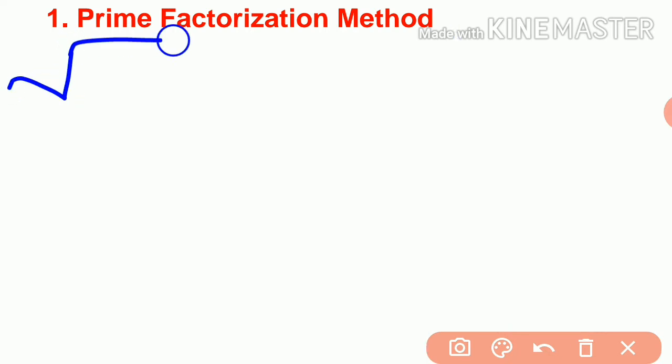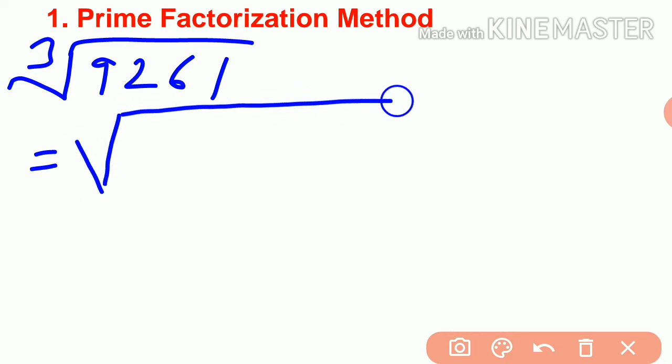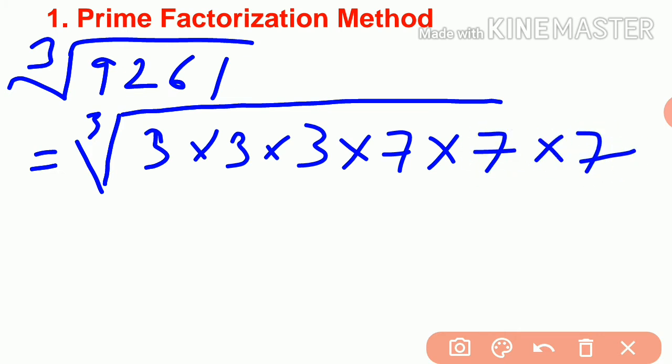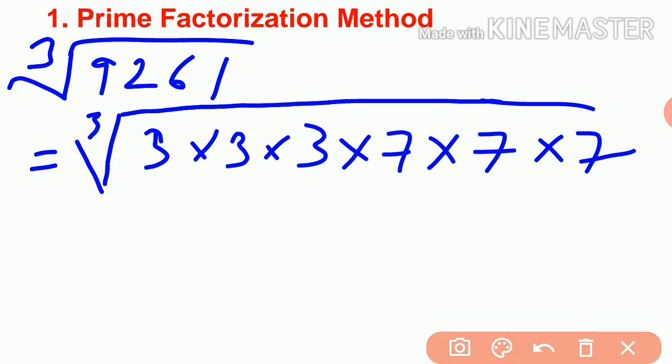So we can write the cube root of 9261 as the cube root of 3 into 3 into 3 into 7 into 7 into 7, and we will take the triplets of the same number.